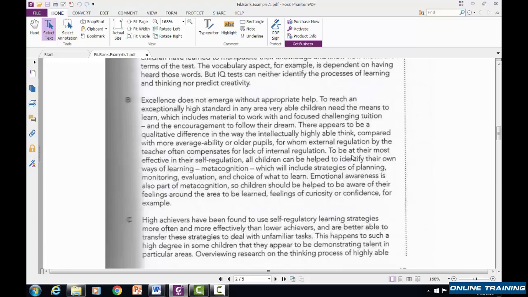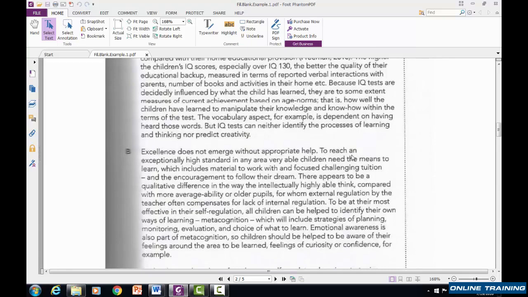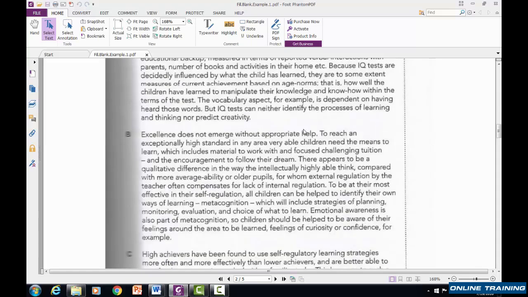All right, so I'm scanning down after our previous sentence because it goes in order. So I know it's going to come after this sentence right here that talks about that. All right, so here's our sentence right here. Here's the word metacognition. Here's the word children. Here's the word learned.